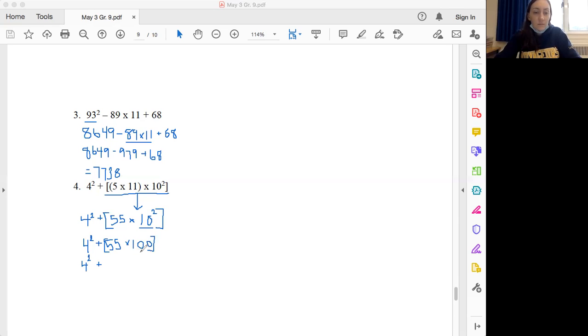So that's our next step, which gives us 5,500. Okay. And then we can start working on what's outside. So you can do the 4 squared, which is 16. Okay, and then do your addition.